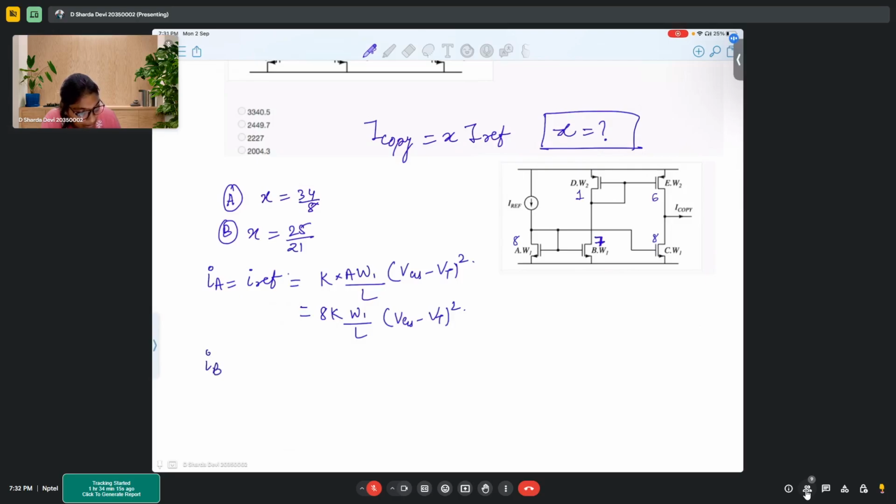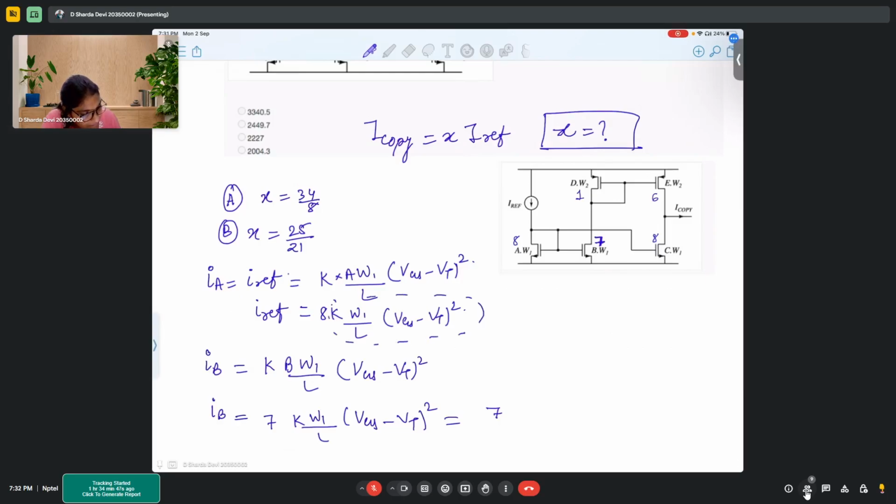Now if we talk about IB, it is KB W1 by L, VGS minus VT whole square, considering the same VG. So IB will be 7 K W by L, W1 by L, VGS minus VT whole square. So that means 7 and this particular part, which is basically IREF by 8.